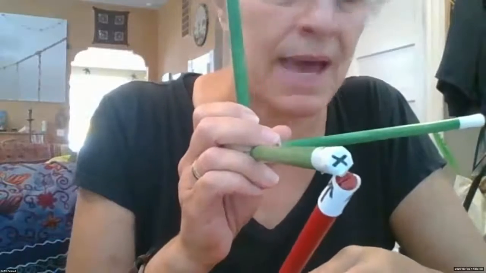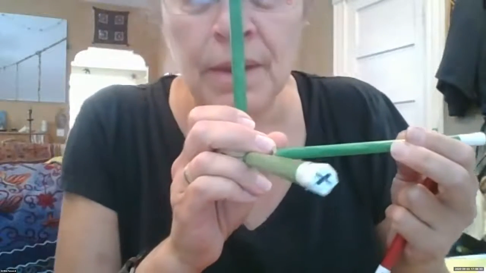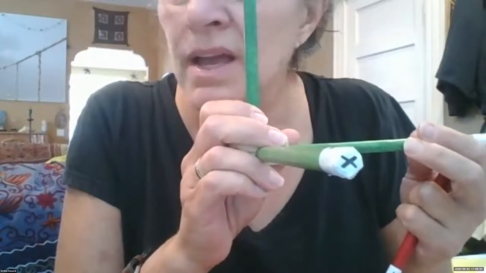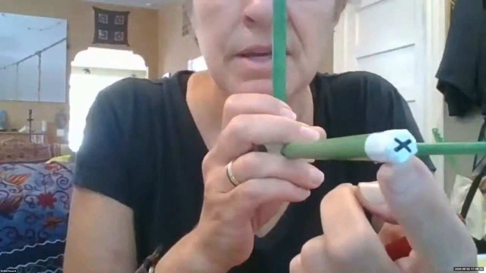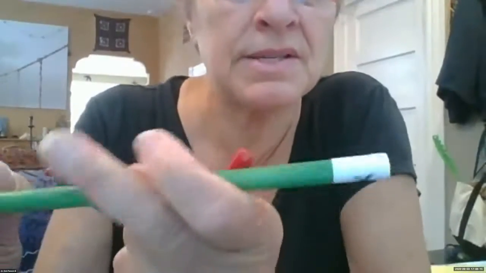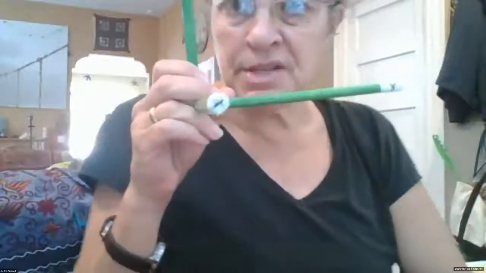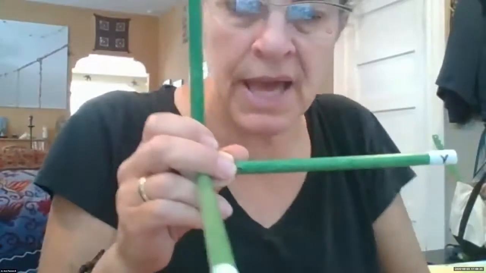What axis is this? X. Good. What axis is this? That's Y. Great. And what axis is this one, up top? Z. So notice this axis is different than my picture, right? So you always have to look at the axes.